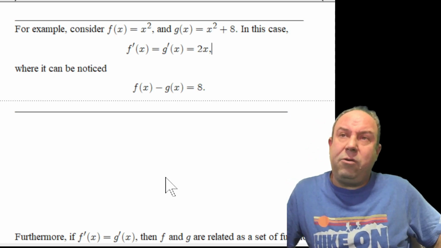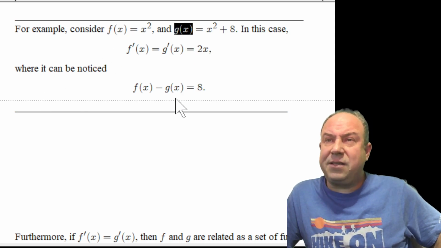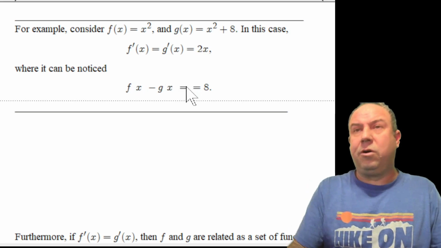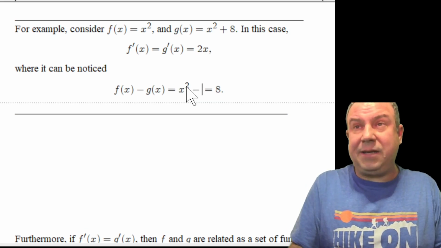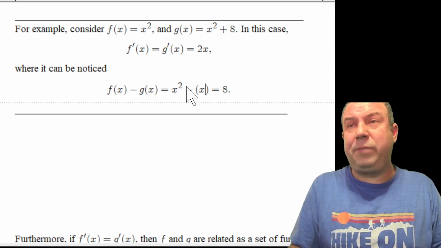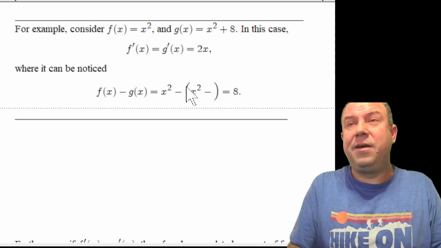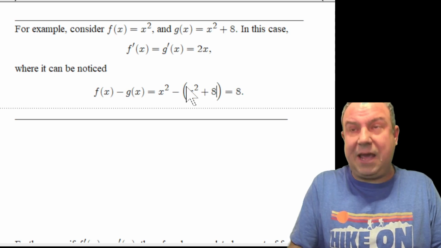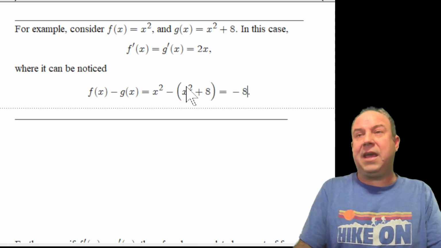What we notice is if we take f of x and we subtract g of x, this is going to equal x squared minus the quantity x squared plus 8. This does end up equaling negative 8 in value.